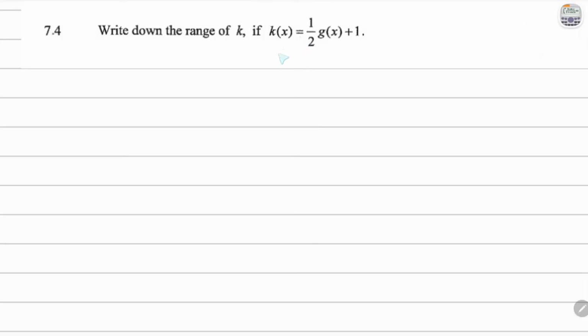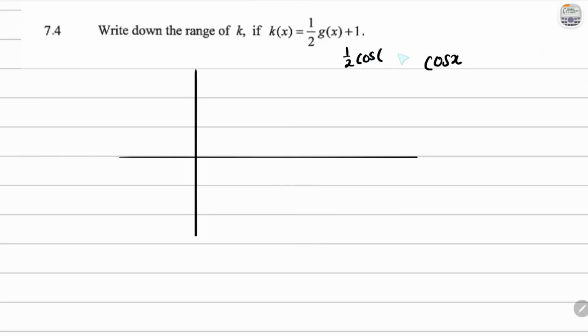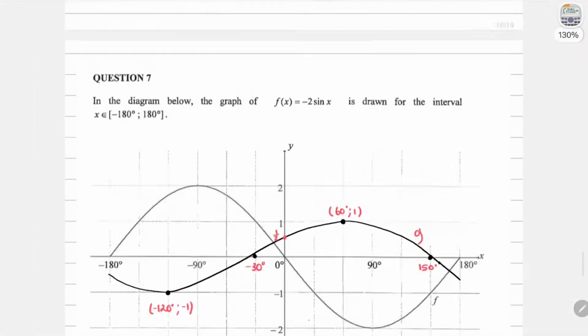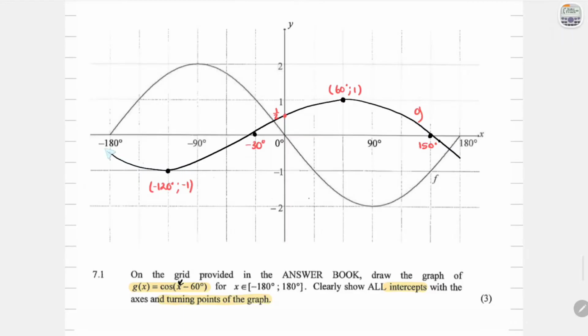At the end of the day, this graph is still a cos graph. So the highest that the natural cos graph, cos x, would reach would be 1. Now, since this one has a coefficient of a half, it's going to be a half cos of x minus 60 degrees. It means that the highest it'll reach would be a half when we apply that half. So it still looks like the image that we have, but we don't have to overthink the way that looks. So it just goes like that.